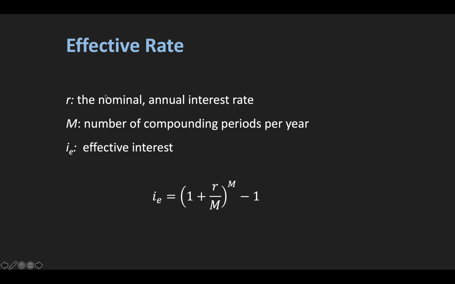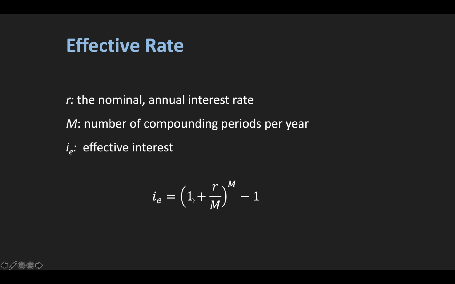Let's say the bank will tell you that for each year the interest rate will be 12%, but it will be compounded monthly. In this case, 12% is the nominal rate, but the real rate, the effective interest rate, is actually different.